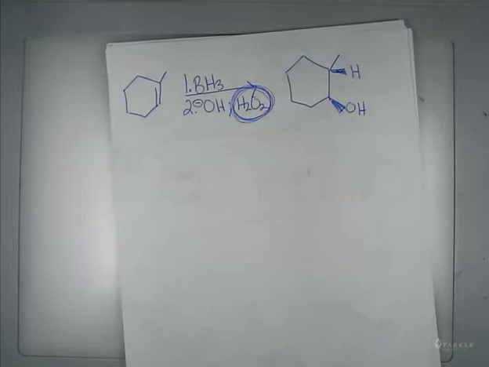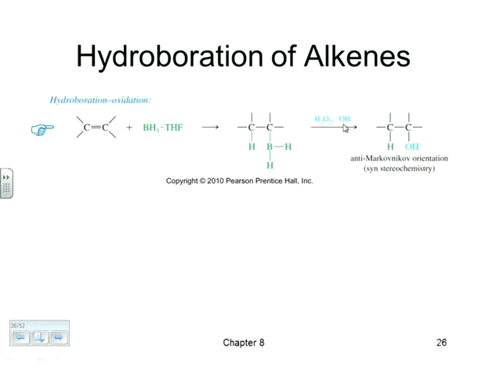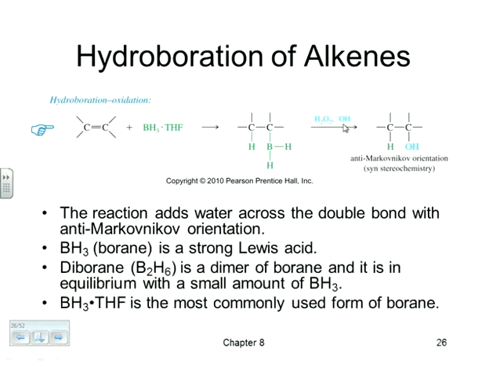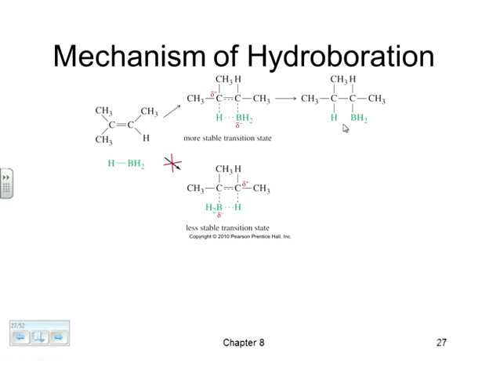Now, this is not a mechanism you need to know either, but let me explain really quick what happens here. Let me see if I have a picture of it, because it would be better than what I can draw. Here it is. Your BH3, they draw it like this, BH2 with a hydrogen.